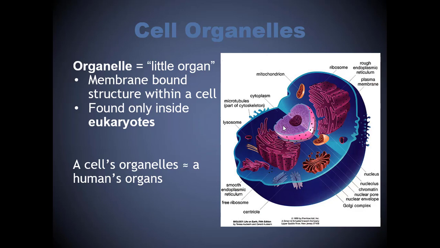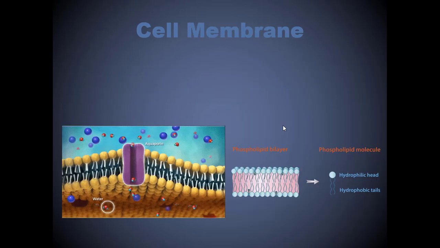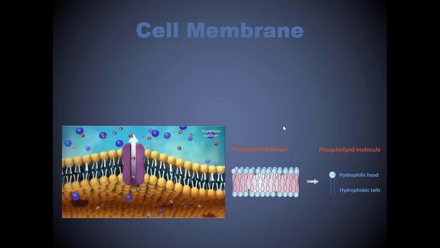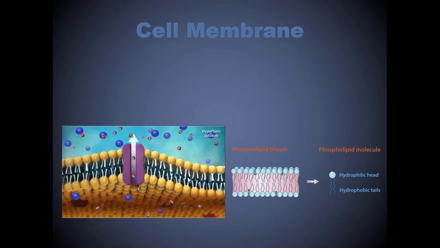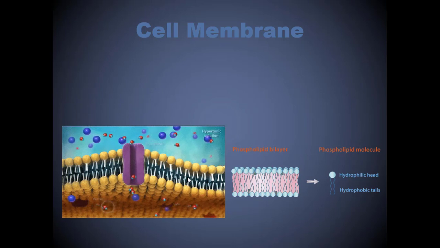Okay, so we want to start off by looking at the cell membrane. The cell membrane is not an organelle, but it is important that we look at it. So we know that it is the boundary surrounding all cells: prokaryotic, plant cell, animal cell, and so on. Whether the plant cell has a cell wall or otherwise, there will be a cell membrane.